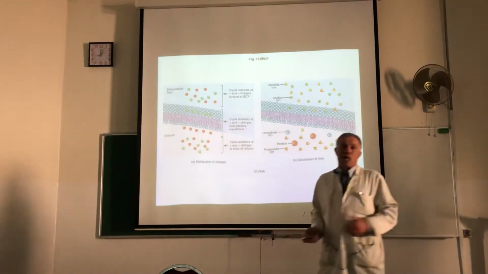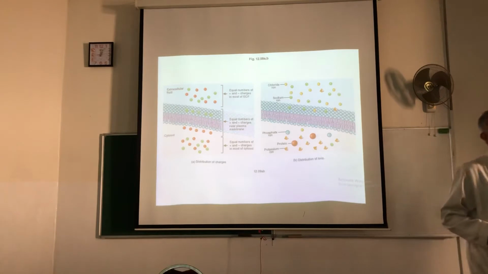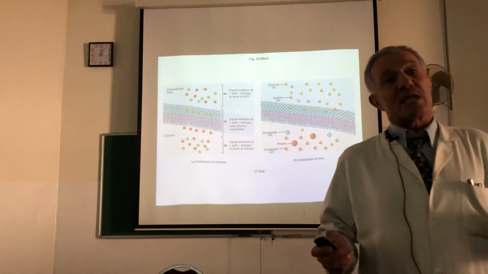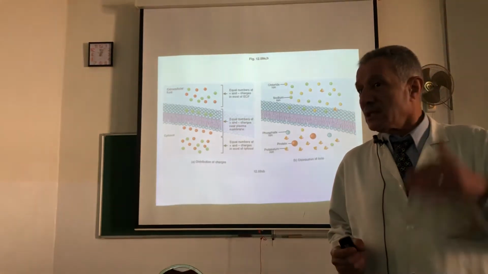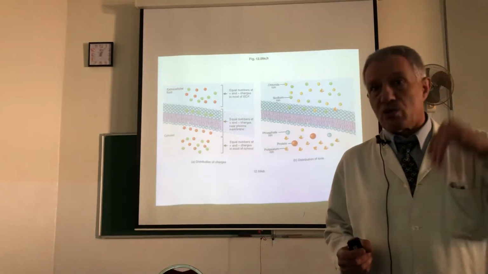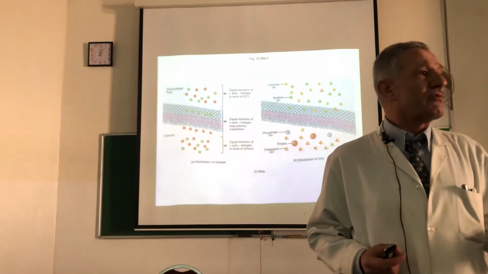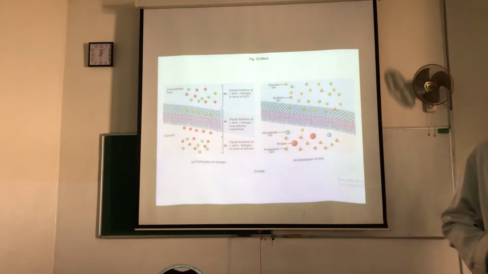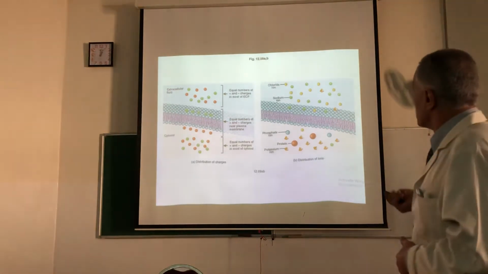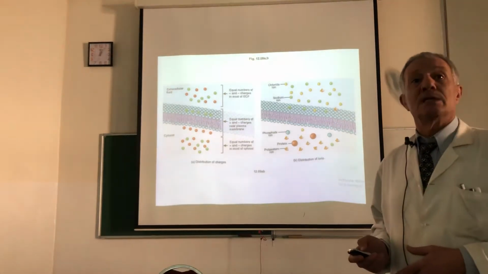So what is the property of the membranes of excitable cells? All these membranes, at any cell, separate two compartments: extracellular and intracellular. You know this information, but there are differences in the ionic composition between these compartments.